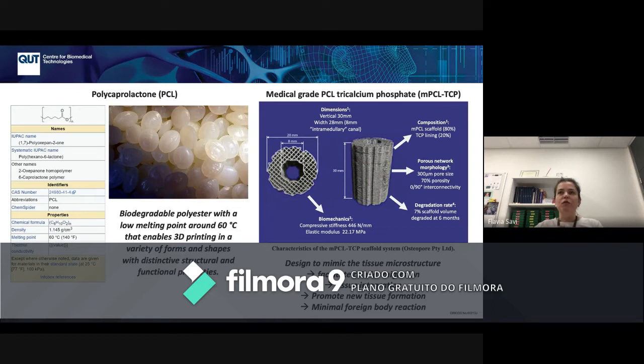You put the scaffold in your body and it reacts to it because it's strange to your body. So the cells are going to attack it and encapsulate it to protect your body from that foreign body that is going to be implanted there. But I will talk about it a little bit later.